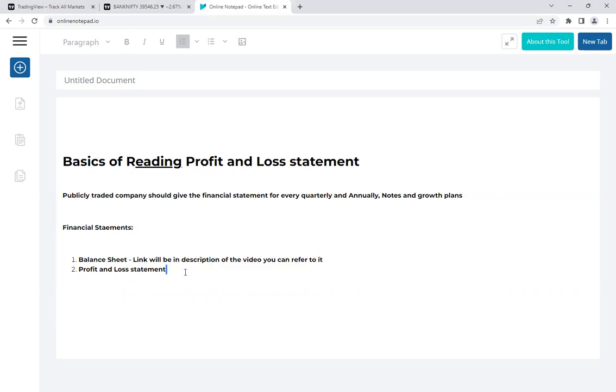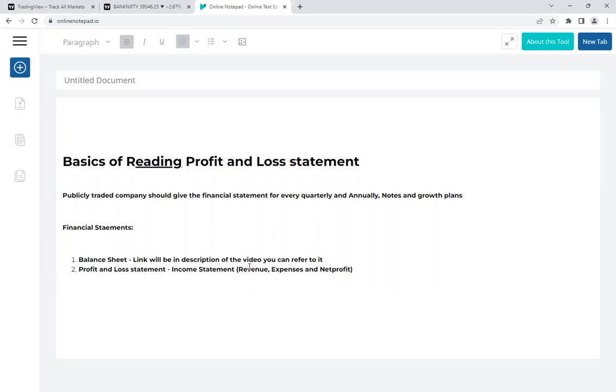Some people also call the profit and loss statement the income statement. The information we get from this statement is how much revenue the company is generating, what its expenses are to run the business, and finally the net profit.